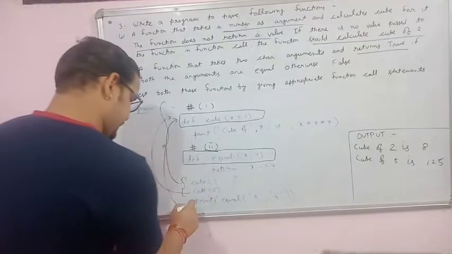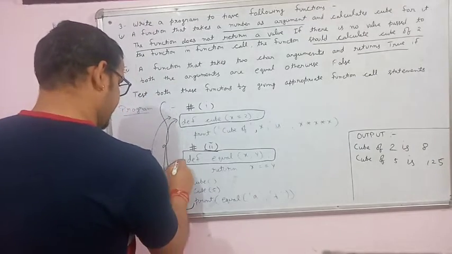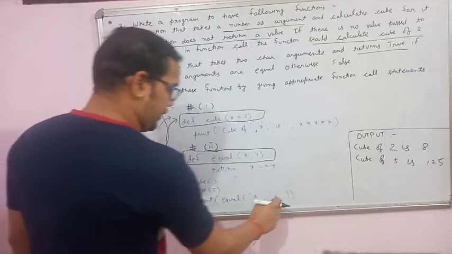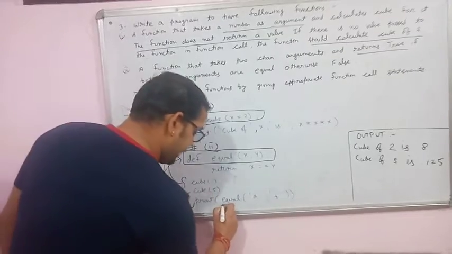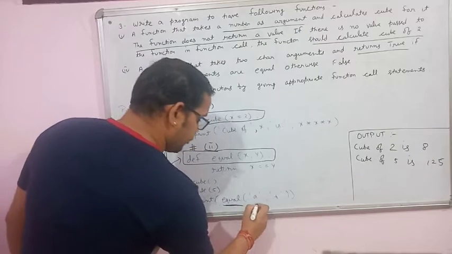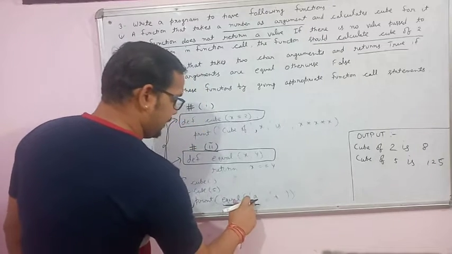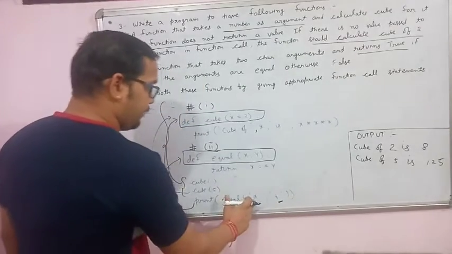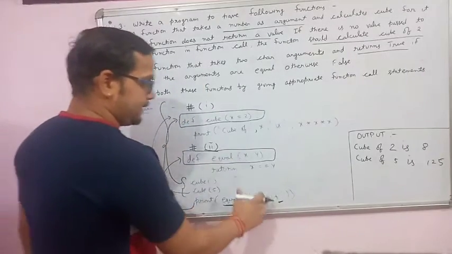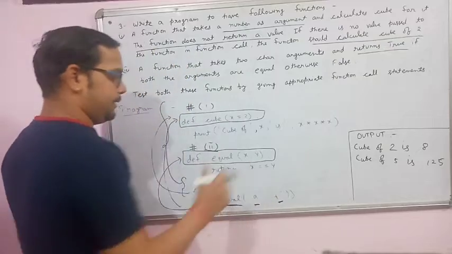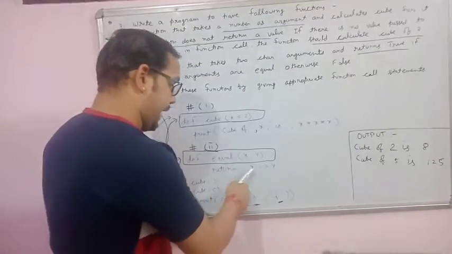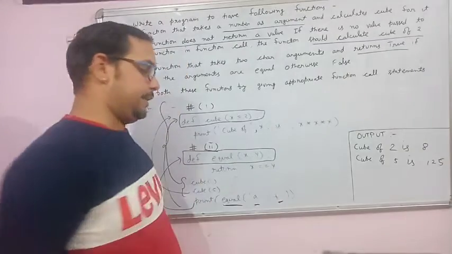Now this statement, equal a comma b, is the name of the function and 2 character type values. The first value is a and the second value is b. The first value will be assigned to variable x, the second value to variable y. Then return x equals to y.